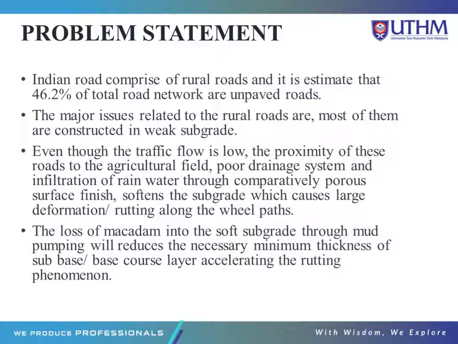Even though the traffic flow is low, the proximity of these roads to the agriculture field, poor drainage system, and infiltration of the rainwater through the comparatively porous surface finish soften the subgrade, which causes large deformation or rutting along the wheel path.